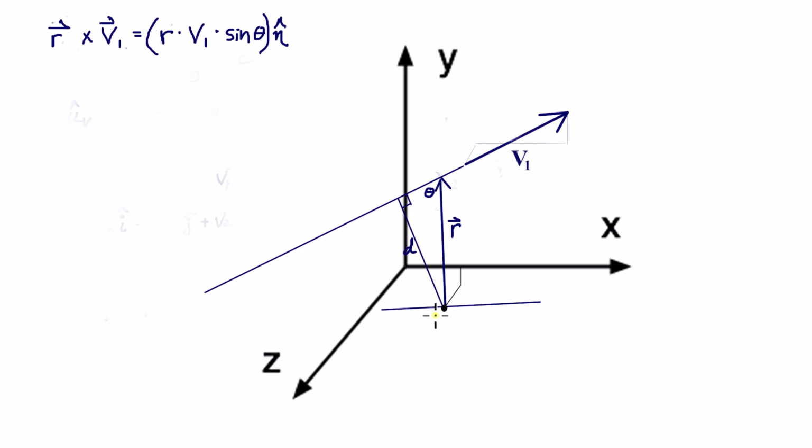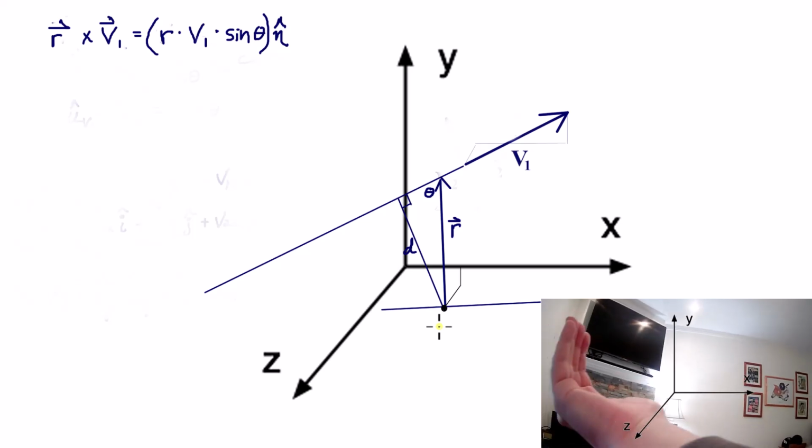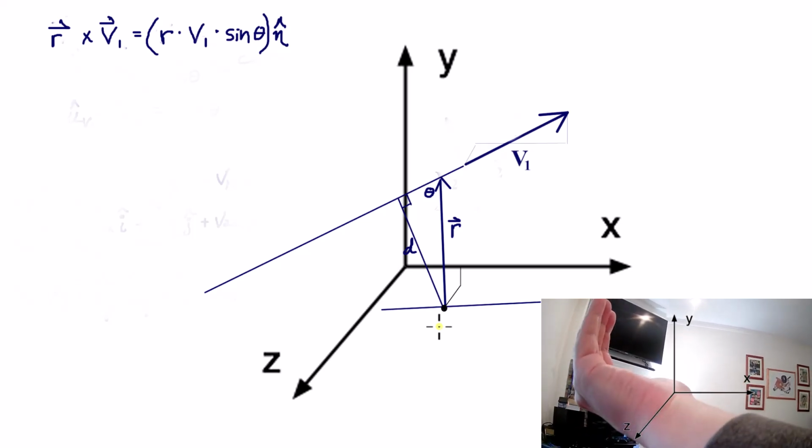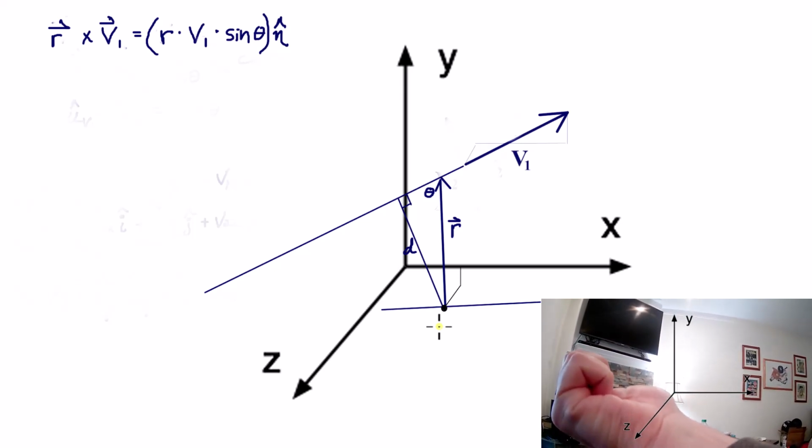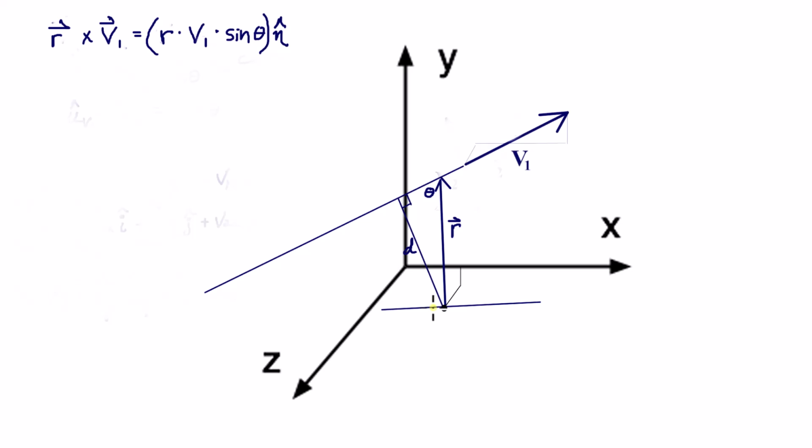And the direction is based on the right-hand rule. Put the tail of R at the tail of V1. Put your right hand along R and push R to V1. It's going to be below the plane, kind of into the page, so in this direction. If you put your thumb facing this direction, the curl of the fingers is the direction of rotation. V1 is causing rotation in this direction along this vector.